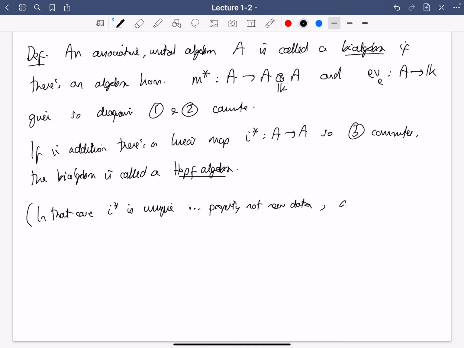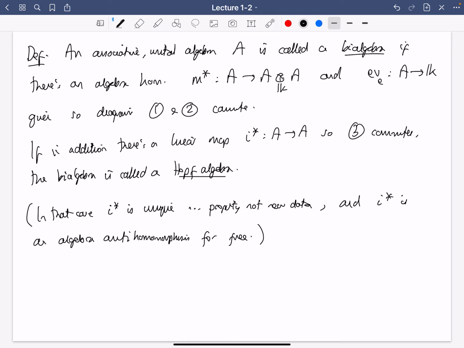And you could show, moreover, that I star is an algebra anti-homomorphism for free. Here, I star was an algebra homomorphism, but then our algebra was a commutative algebra.